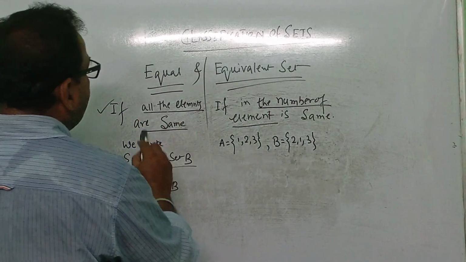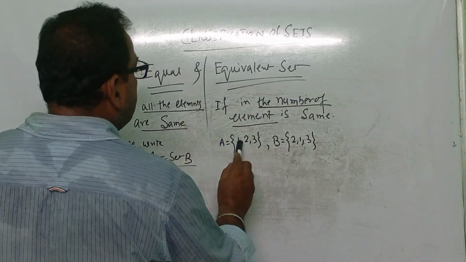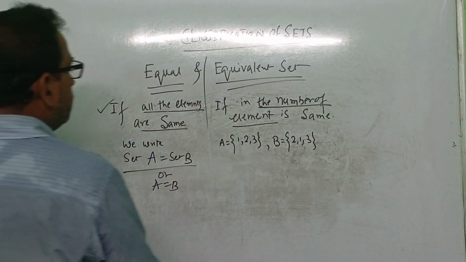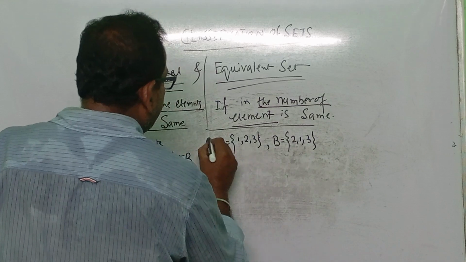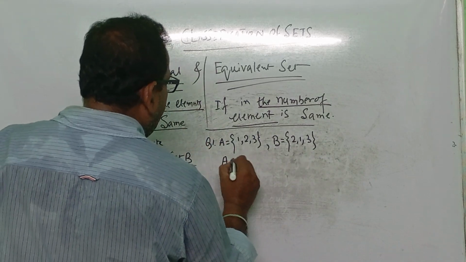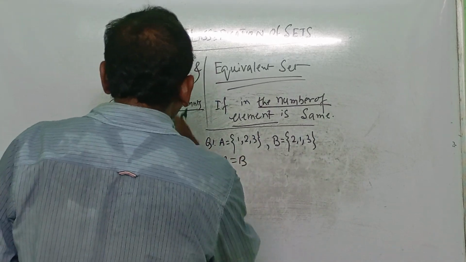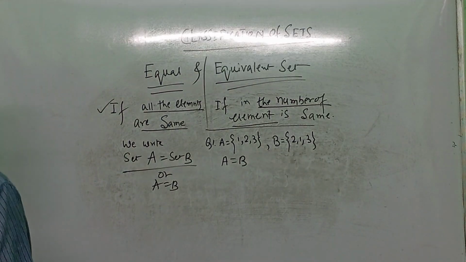Now all the elements are the same: 1, 1, 2, 2, 3, 3. Then A is equal to B. That is, all the elements are the same.